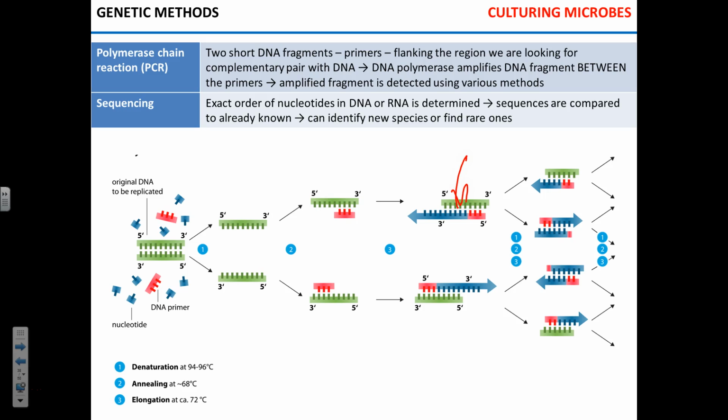Imagine that this green stuff is the part of DNA that you would like to detect. You do not know if it is present in a sample or not. For the purpose of explanation, we assume that this part of DNA is in the sample. Make sense? And DNA comes from the cells, right?